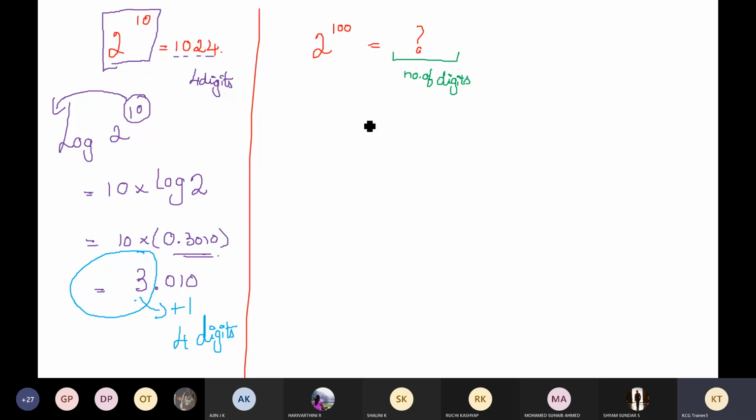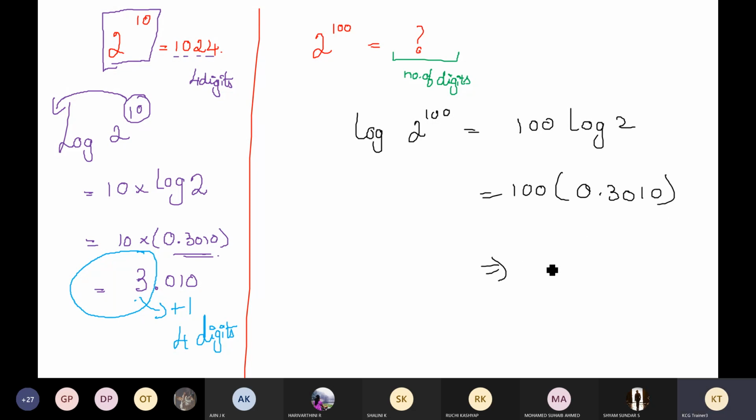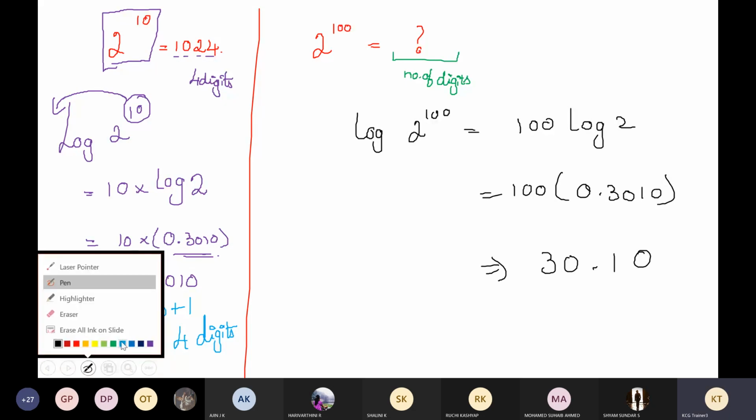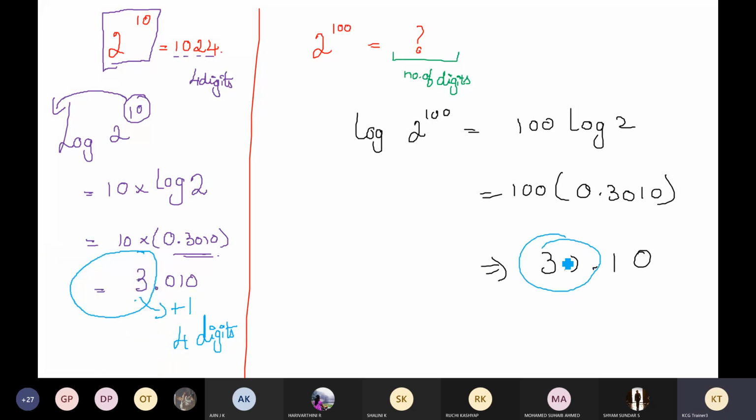So, guys, listen, what did I tell you? You are supposed to take the log. So, log of 2 power 100, which would give me 100 log 2. So, what would I get? 100 into 0.3010, which would be 30.10. So, once this is done, what did I tell you? You should take the front part that I have before the decimal point, add 1 to it, which means there are 31 digits. Clear, people? Excellent, then. Superb.